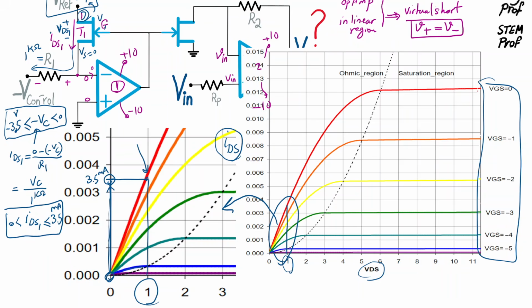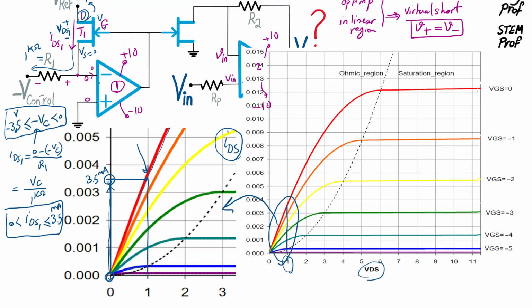For example, if we want to have the least amount of V control at negative 3.5, we are saying the IDS1 is 3.5 milliamp, the max value. That means we want to support this level. Because VDS1 is forced to 1 volt by Vref, that indicates that we need to be on roughly the red curve, the max, and that requires VGS to be 0 so that we are on the red curve.